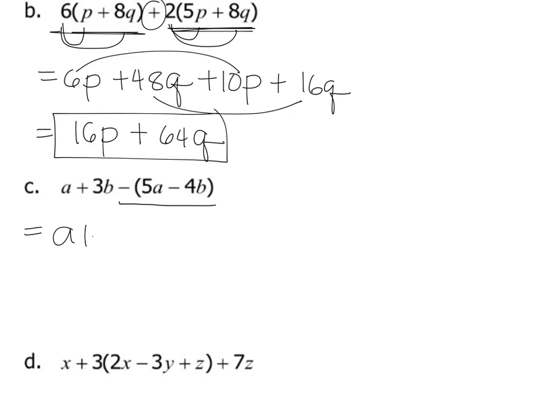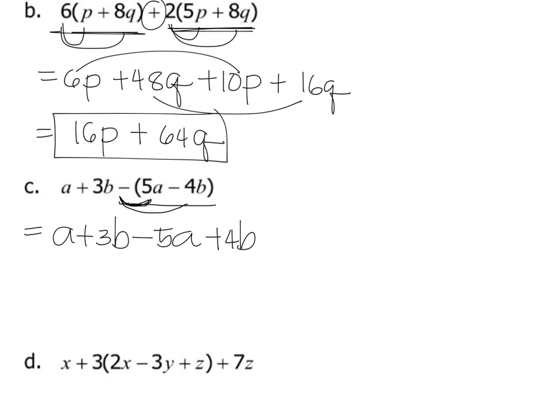So a plus 3b will remain as a plus 3b. When you have minus (5a minus 4b), you apply the distributive law, and the 5a becomes minus 5a, or taken as negative 5a. And then this one, minus negative 4b, means plus 4b.